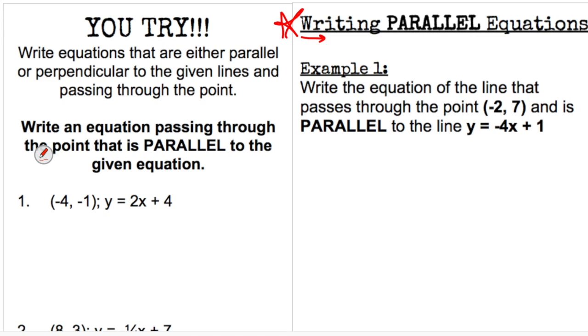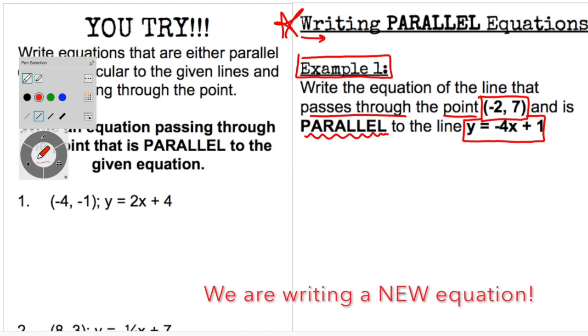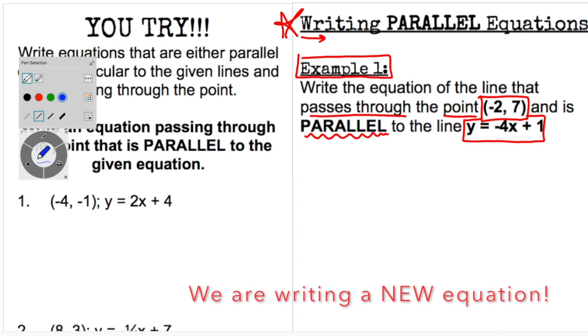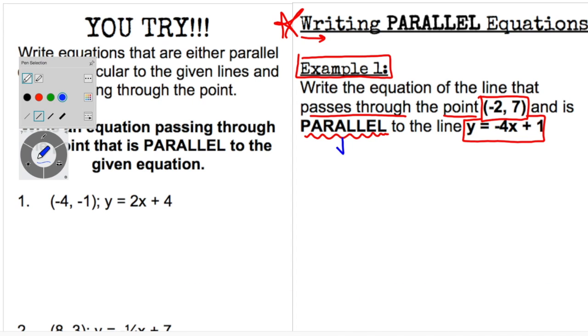Alright, your notes should be open to writing parallel equations. We're going to be starting with example number 1. So first, highlighting some important information, we're going to create a new equation of a line that passes through a particular point and is parallel to this equation that is already given to us. So we're writing a new equation. We're not using that one given.